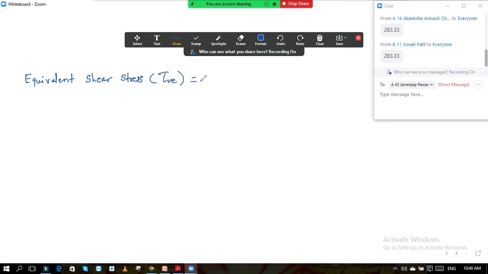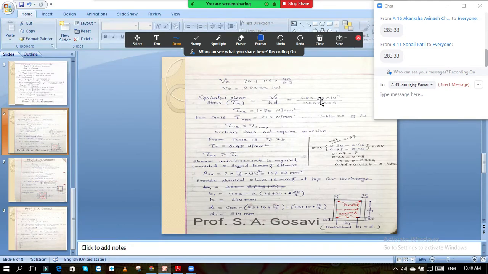Equivalent shear stress tau VE is equal to equivalent shear divided by BD.